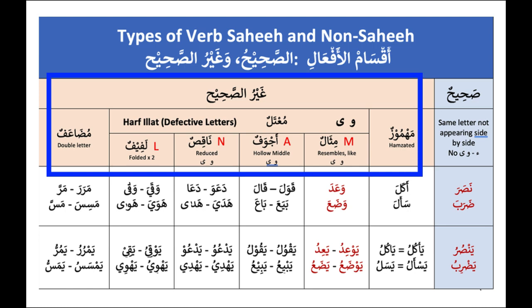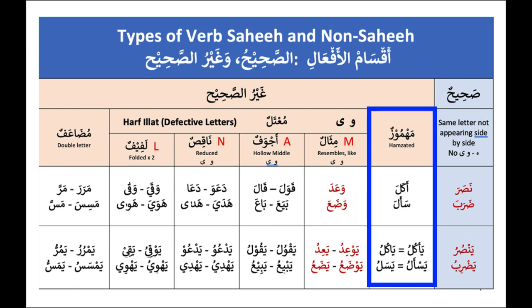Nakis is the mu'talun verb where harf-e-illat comes at the end of the verb. Lafif is the type of mu'talun verb where there will be two harf-e-illat, waw or ya. One may be at the beginning and at the end, or alternatively, one could be in the middle and at the end. We shall discuss them in details, inshallah.